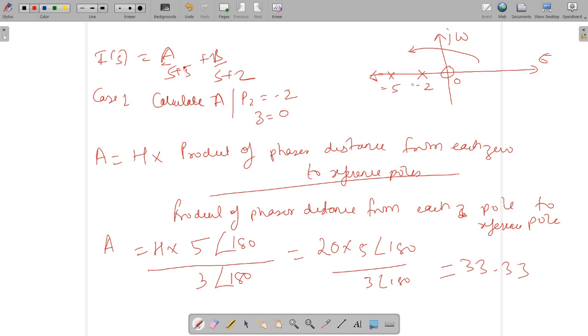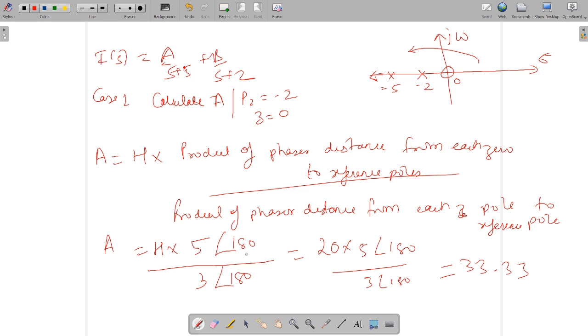First you will have to find the distance between 0 and the reference pole, and then the distance between another pole and the reference pole. When you are going to find the phasor distance, you will have to take the anti-clockwise direction, and when you are moving in the anti-clockwise direction, 180 degree will come into the picture.